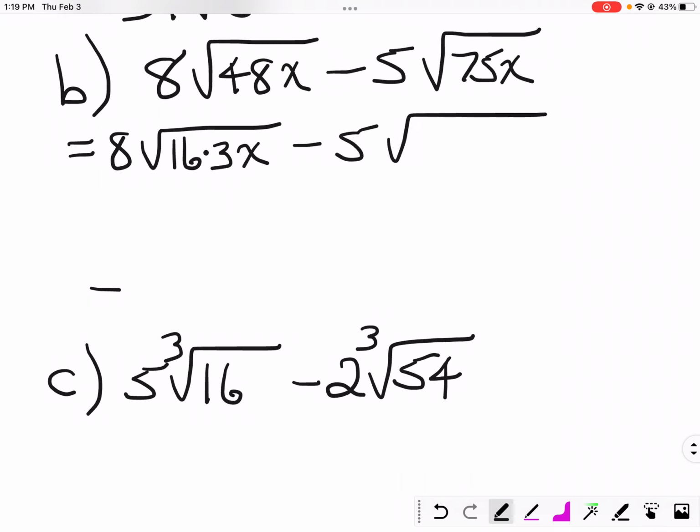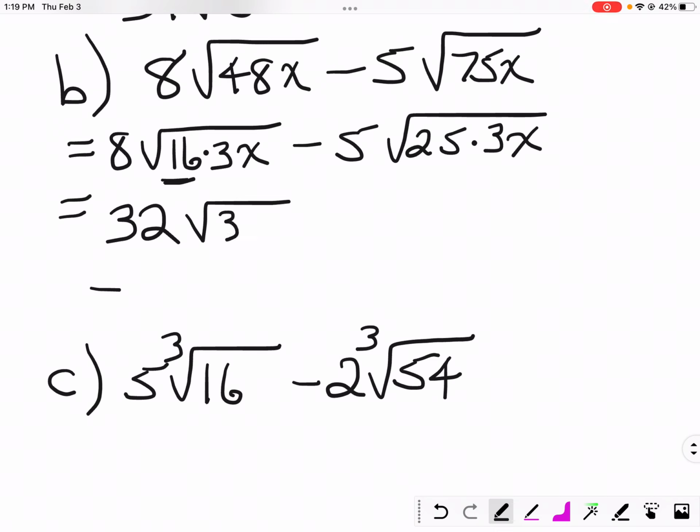Looking for a factor of 75 that's a perfect square. 25. I'm using the dot for the multiplication there. This 16 that's inside becomes a 4 outside, making that 32. I'm kind of doing this in one step.